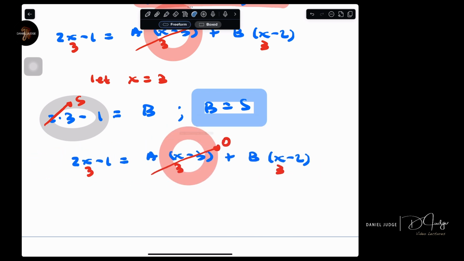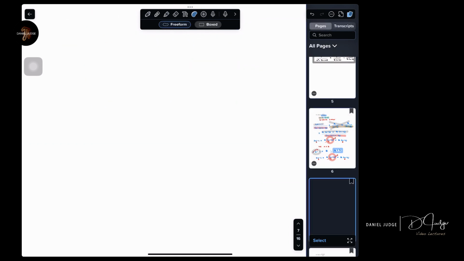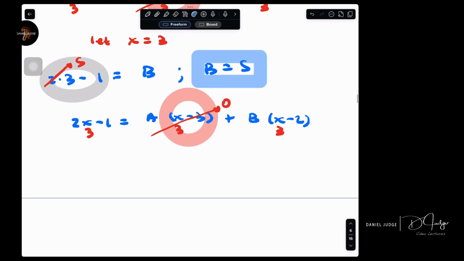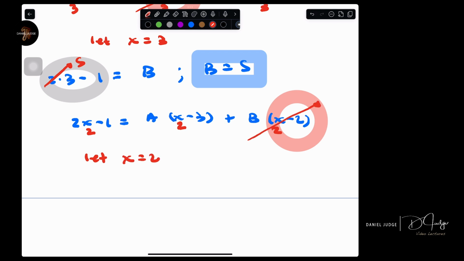Okay. We're going to repeat the same process, but this time we're going to zero out the second linear factor over here. And you can do that by letting x be 2. So when you let x equal 2 now, this portion is 0.